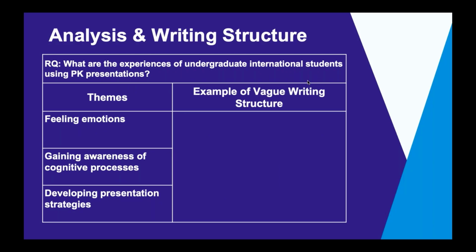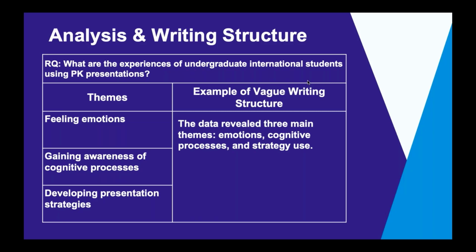Once we have this outlined, this becomes the overall structure for presenting our findings. All we need to do is have the key information. So let me give it a go. The data revealed 3 main themes: emotion, cognitive processes, and strategy use.